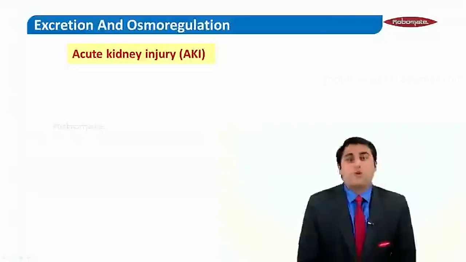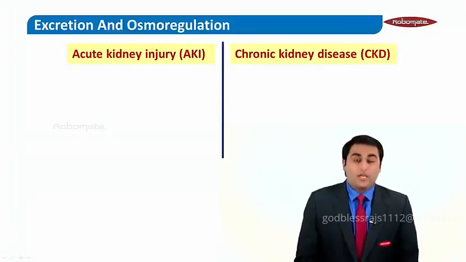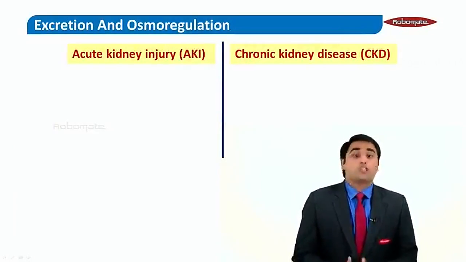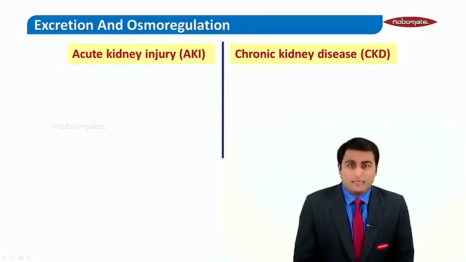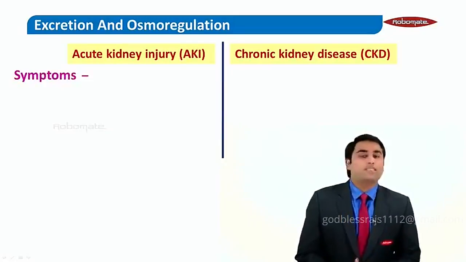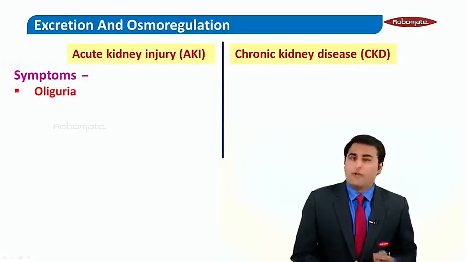Now let's see the symptoms of acute kidney injury and chronic kidney disease. There is a loss of renal function. What is the basic function of your kidneys? They make urine by filtering your blood. So the first symptom would be oliguria, that is reduced urine production.